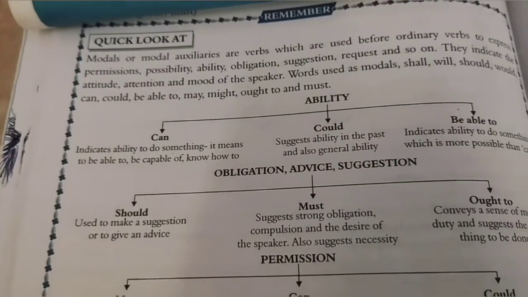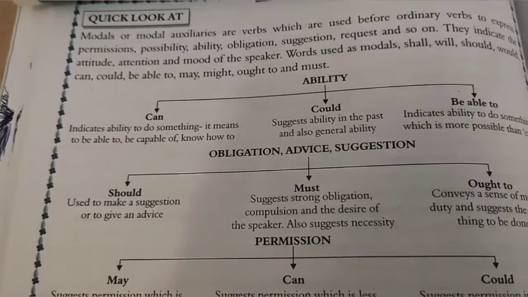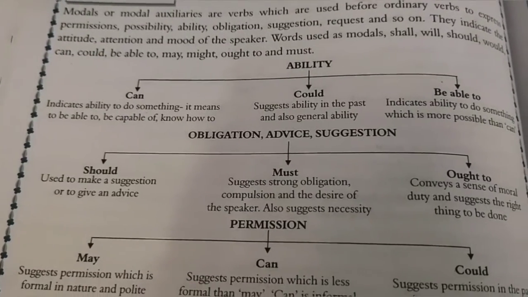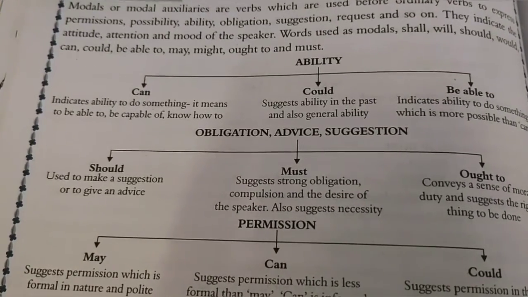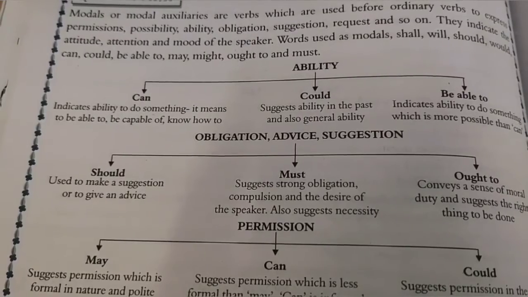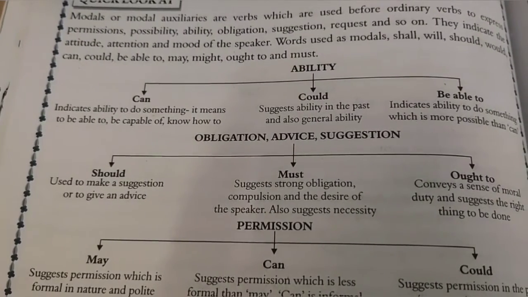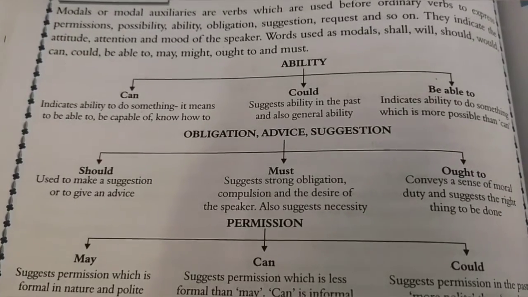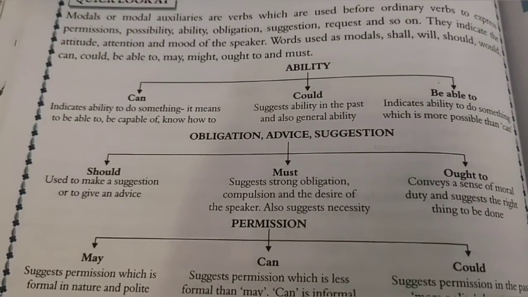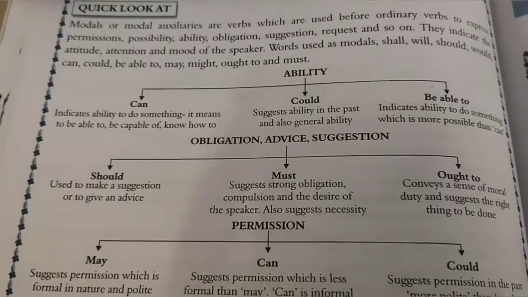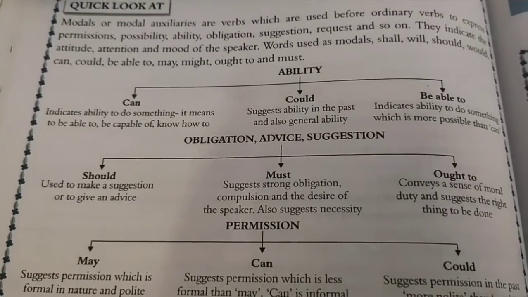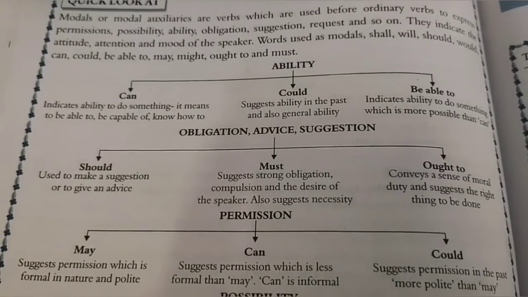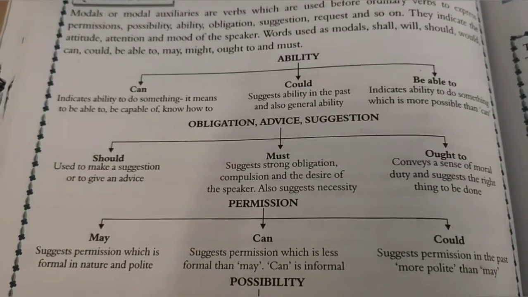So when we have to express ability, we have learned that we can use can, could, be able to. Can indicates ability to do something, it means to be able to, be capable of, know how to. And could suggests ability in the past and also general ability. And be able to indicates the ability to do something which is more possible than can.